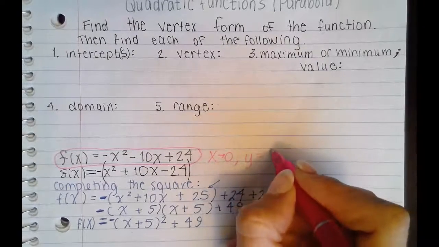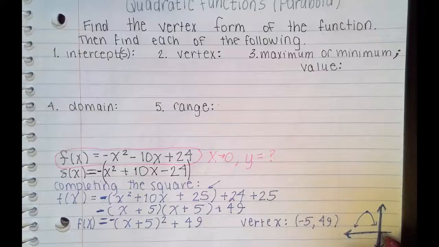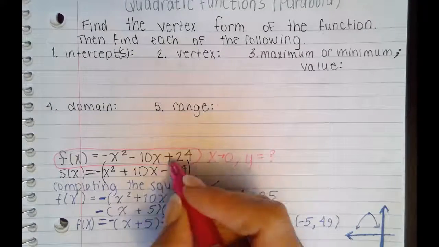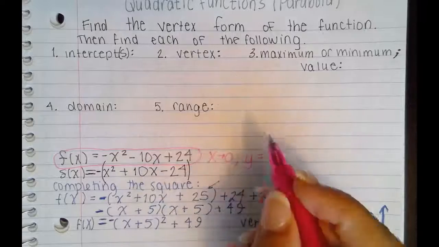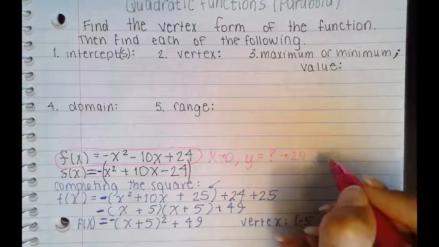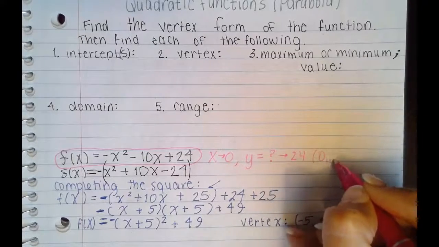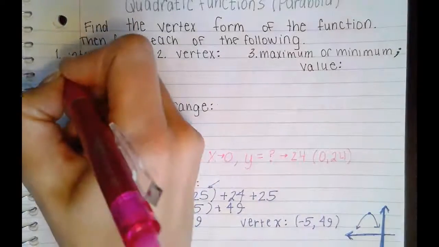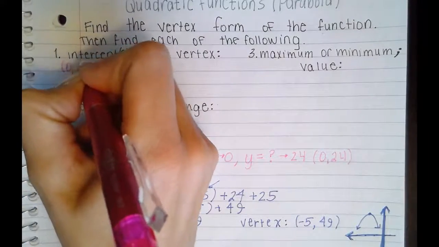Fill in 0 for x, gone. It's always that last number, maybe you called it the c value, so y will equal 24. So that means I have an intercept at (0, 24). That's my y-intercept. You have to write it like that as an ordered pair. So (0, 24). Now, does that make sense? I think so, and we'll elaborate on that more in a minute.